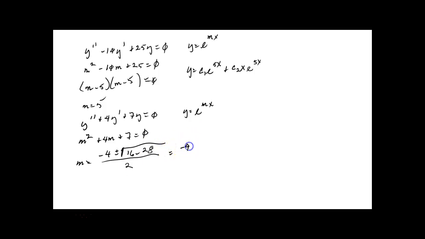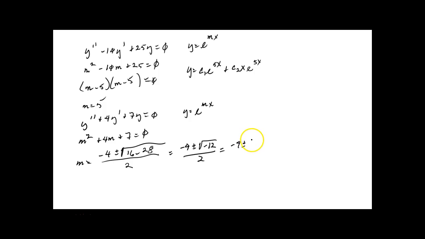What's 16 minus 28? Negative 12, over 2. So minus 4 plus or minus the square root of negative 12 i.